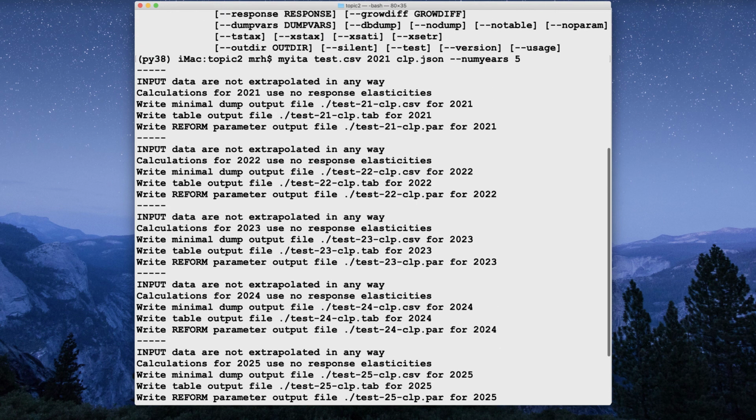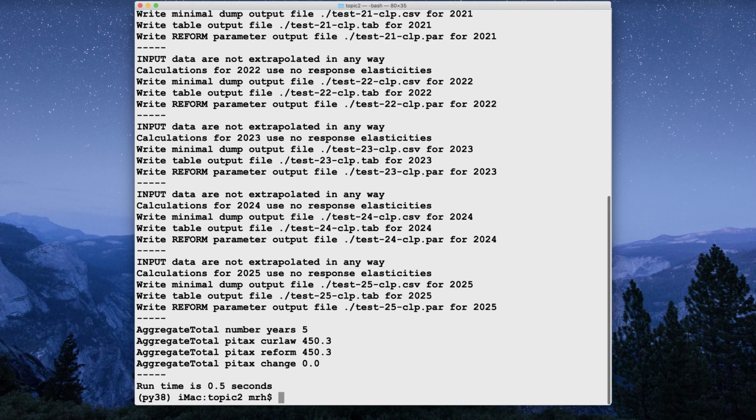So what you see here was our command, and it wrote these 3 files for each of the 5 years, and then also showed us some summary results that are summarized across all the years. So what this means is under current law, the simulation, well, these are meaningless numbers because we have just 2 people, so they don't mean anything.